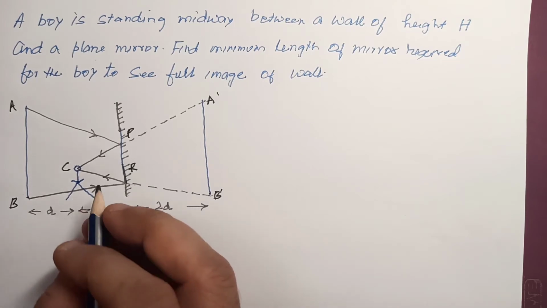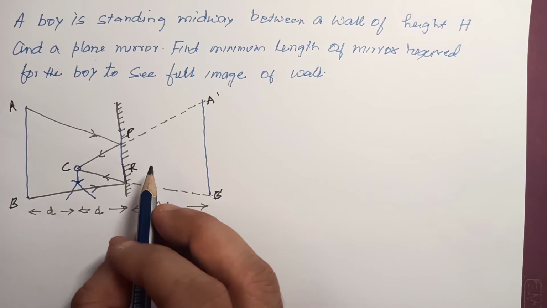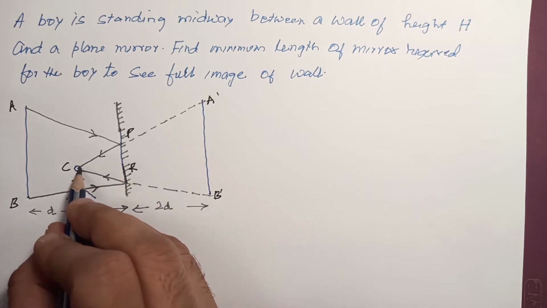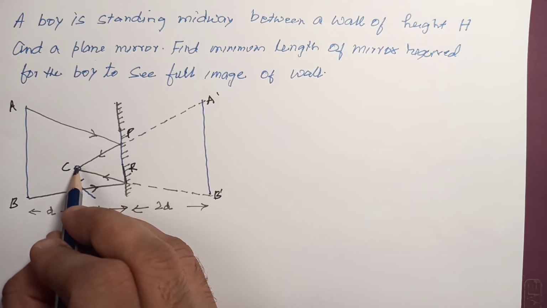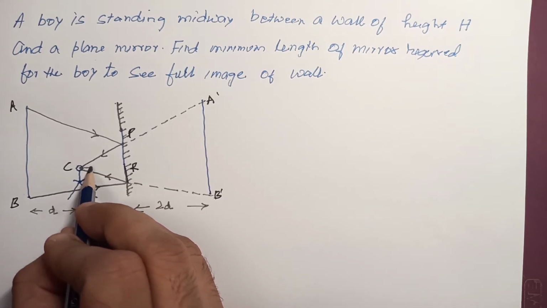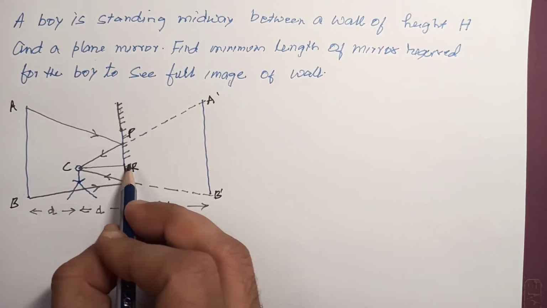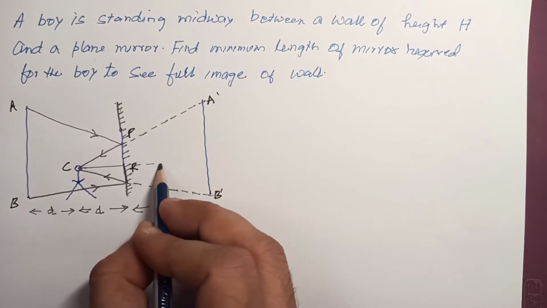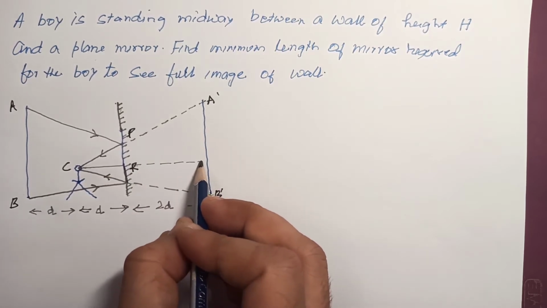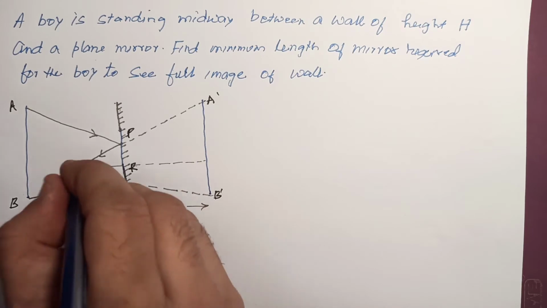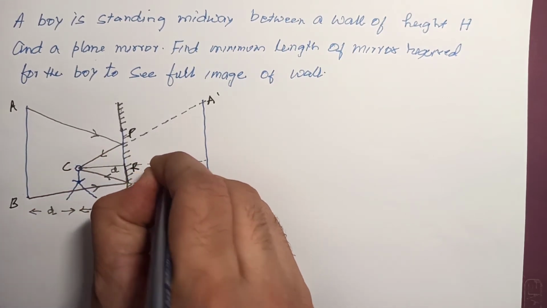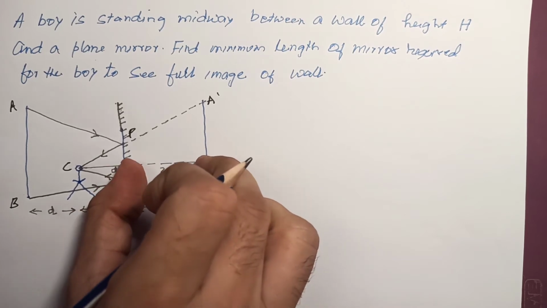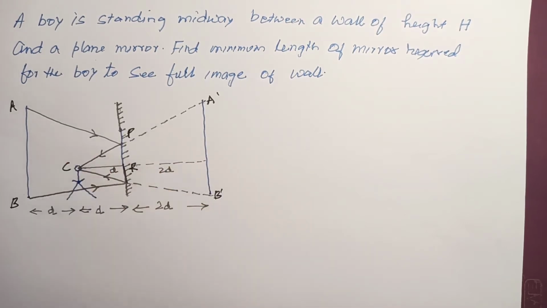Now we know a couple of things. If we draw a straight line, this is D and this is 2D, because the total is 2D, D and D again, correct?